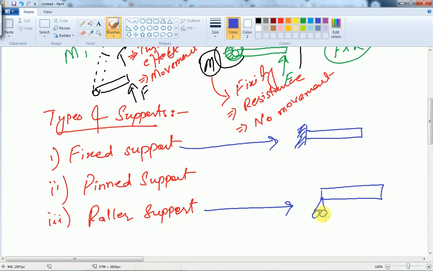So these are rollers placed at the bottom of this beam. This is roller support, and for the pin support, we can place only a pin-like joint here.